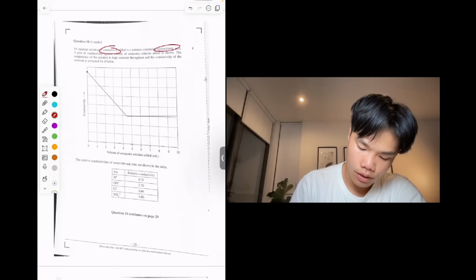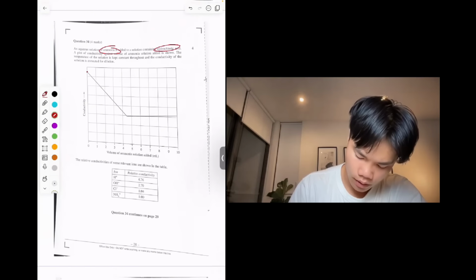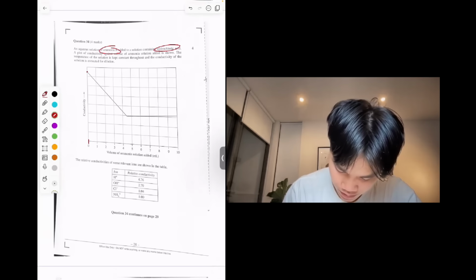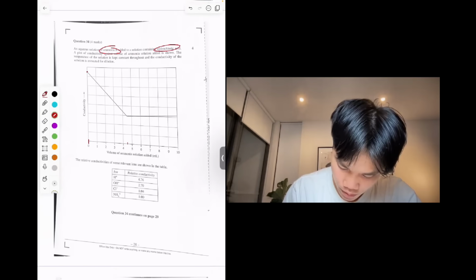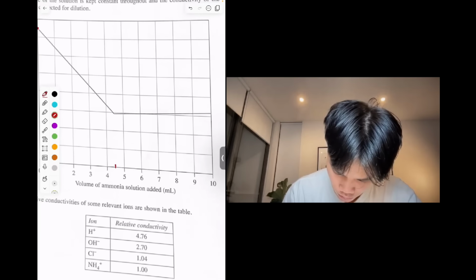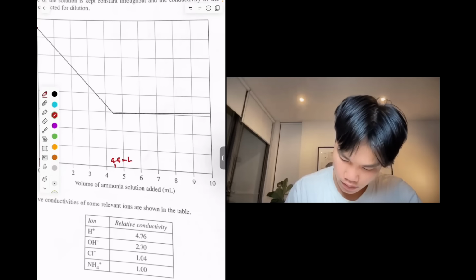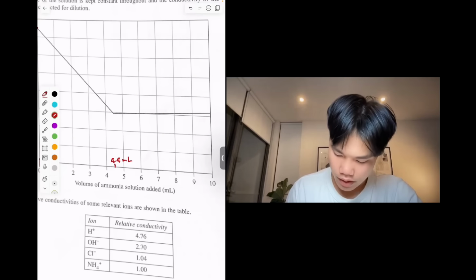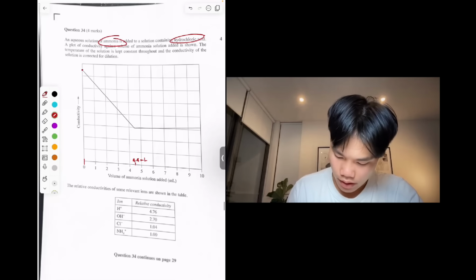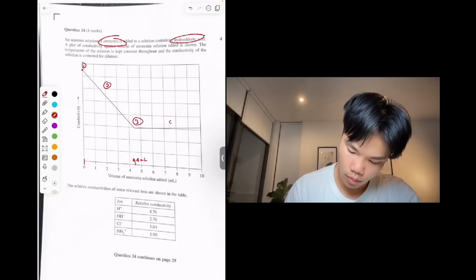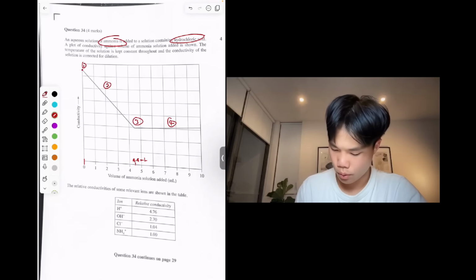So I would discuss the point at 0 mL added up to about 4.4 mL. It doesn't quite look like 4.5, it looks more like 4.4, but on curved paper I actually can't tell. So we'll be discussing point 1, point 2, point 3, and point 4, going on from 4.4 mL onwards.